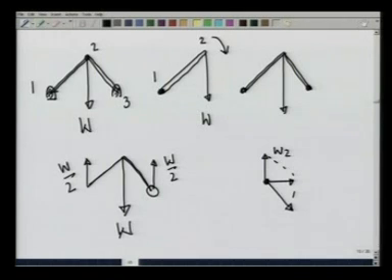To bring it to equilibrium, I add another rod here, and that makes a stable truss for me, in this particular situation where this is an isosceles triangle and I put the load on this joint. Let us analyze this further.